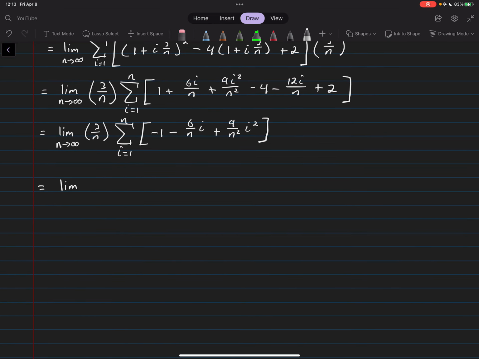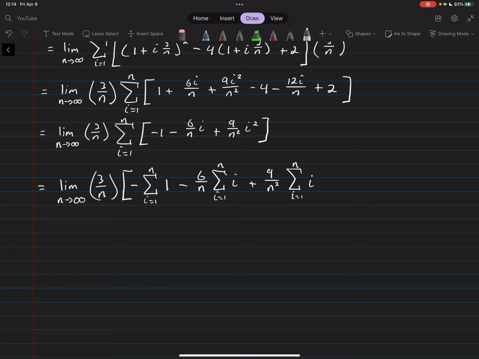So we have the limit as n goes to infinity of 3 over n times a negative summation of i equals 1 to n of 1, minus 6 over n times the summation of i equals 1 to n of i, plus 9 over n squared times the summation of i equals 1 to n of i squared, and then close parentheses, bracket, whatever you want to use.